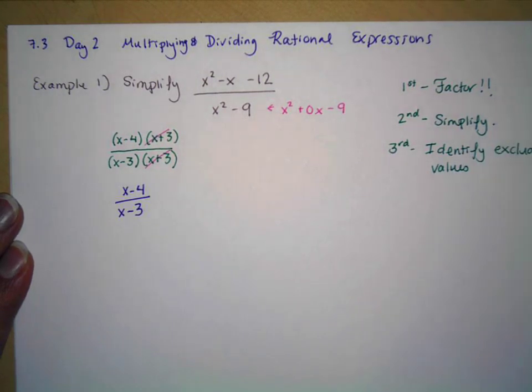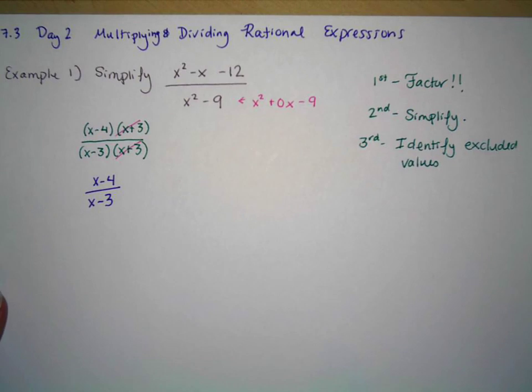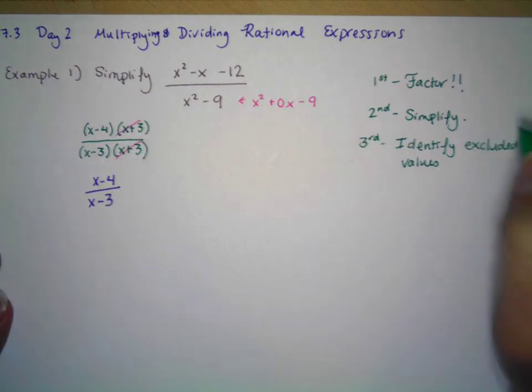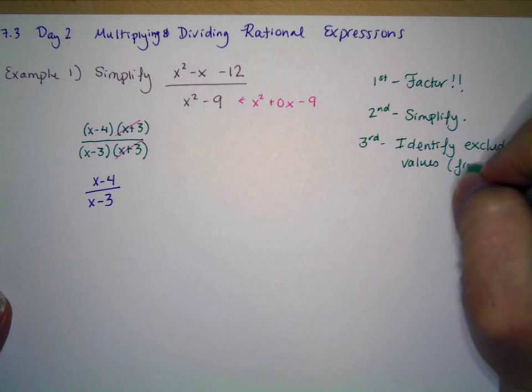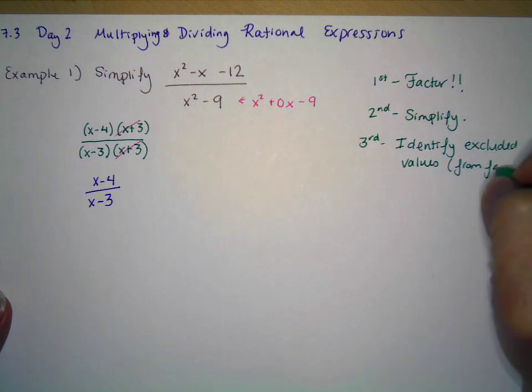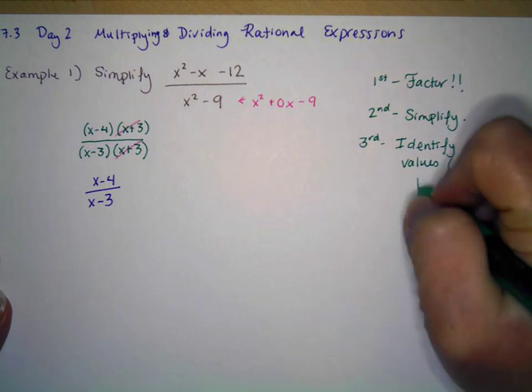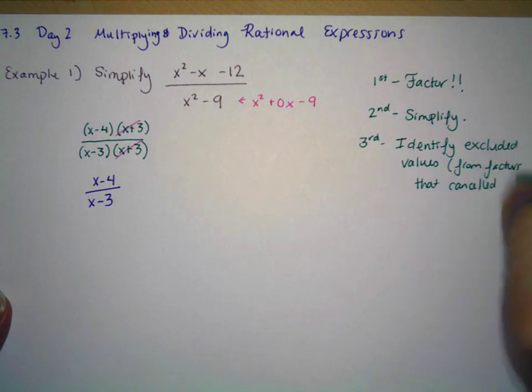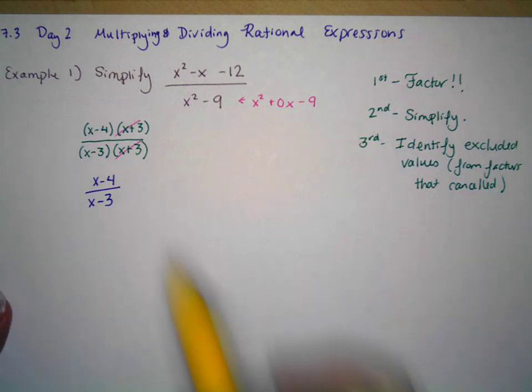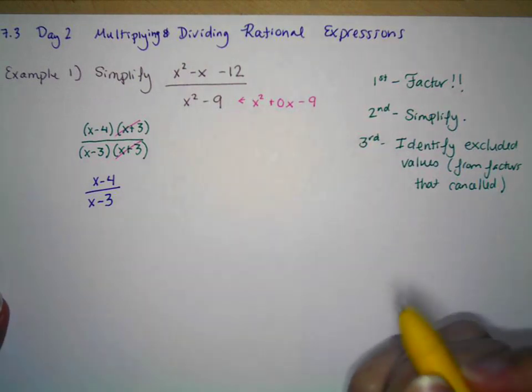And these excluded values, let me slide this over so you can actually see what I'm writing here. And these excluded values come from any factors that canceled out. So in this case, x plus 3 was the factor that canceled out.